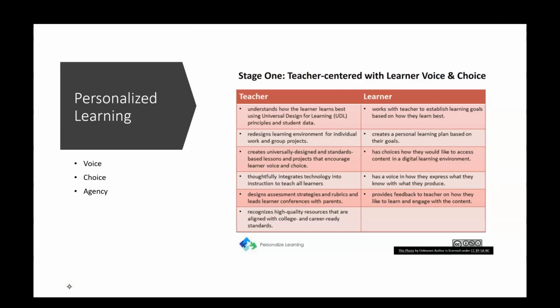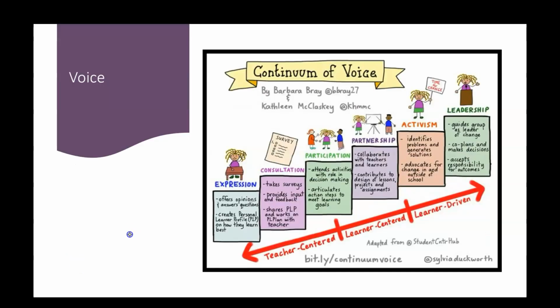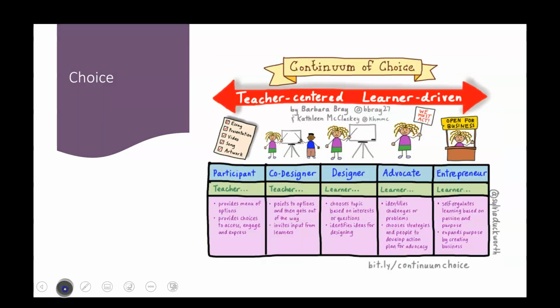Personalized learning, on the other hand, is more student-directed than teacher-directed. So you can have personalized learning by voice, choice, or agency. The continuum of voice shows that in personalized learning by voice, students express their goals, they talk to the teacher about what they would like to do, and that way they're participating in their learning.